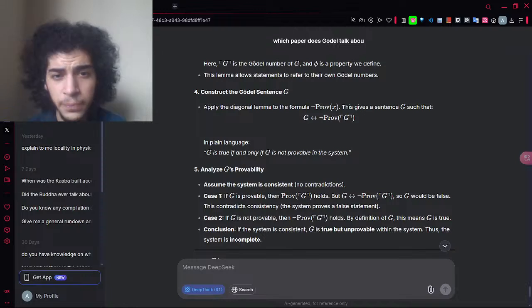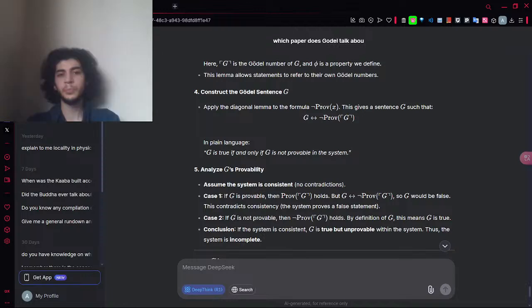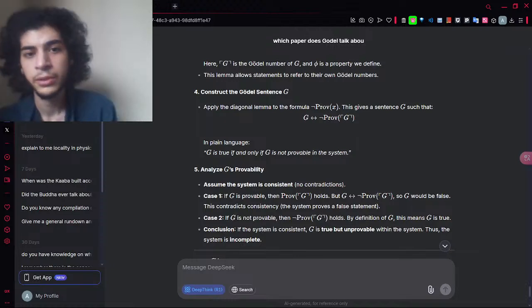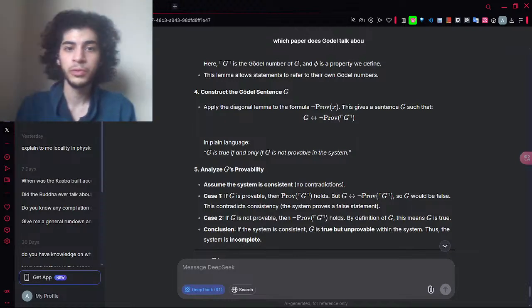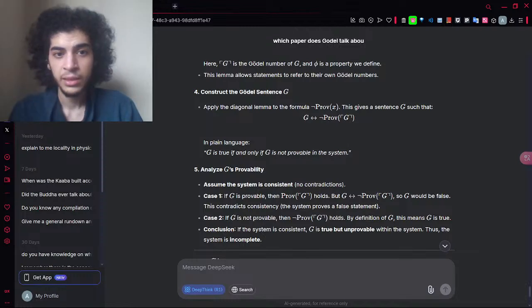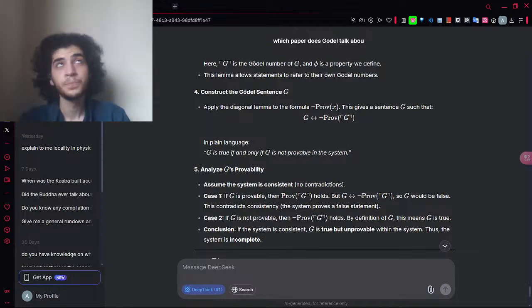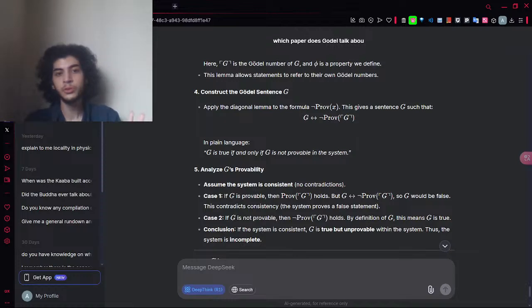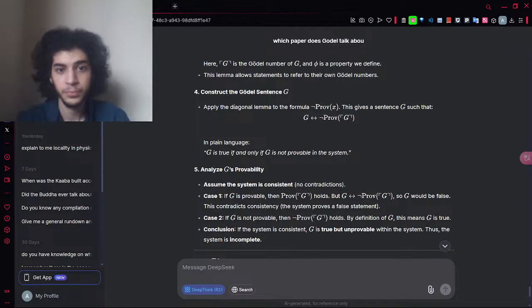Okay, so this is perfect. The statement G is true if and only if G is not provable in the system means that the statement refers only to statements in the system that are true but that we cannot prove. Okay, perfect.